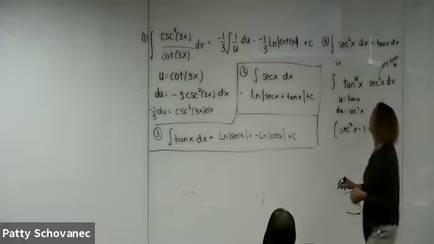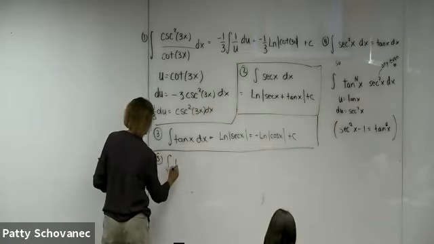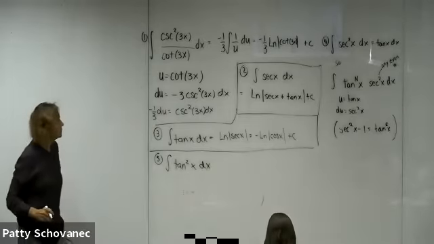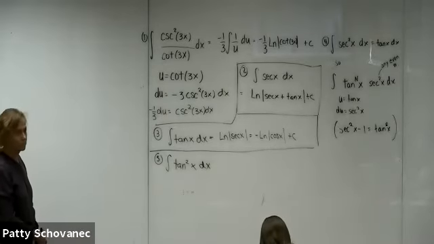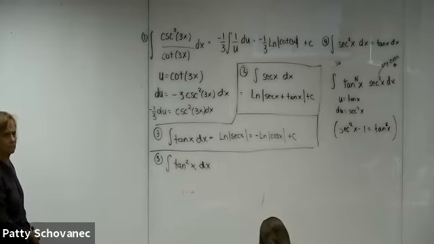All right. What about 1, 2, 3, 4, 5? This one. Tangent squared of x dx. Because then you know secant squared.